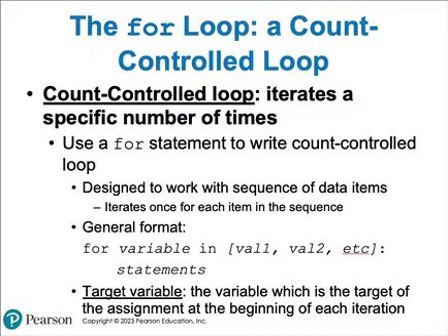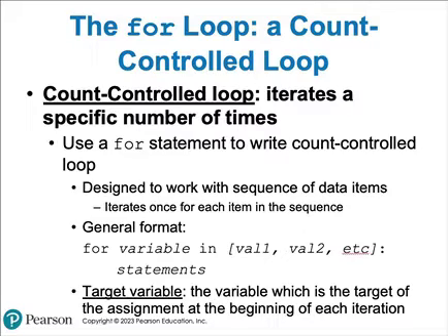Another type of loop that's very common in languages is a for loop. That is a count controlled loop, or at least iterates a given number of times. The general format of that is for variable in a list of values, and if you put 5 values there, it will go through and execute that loop 5 times.